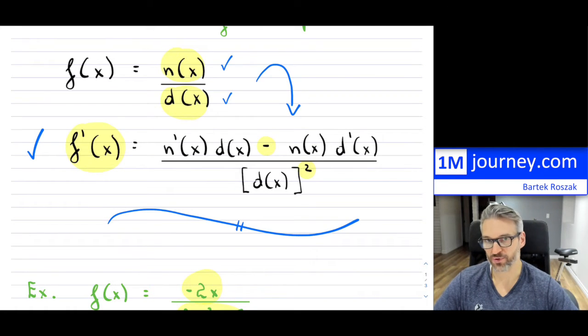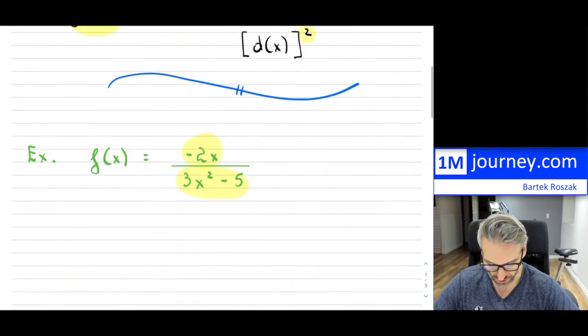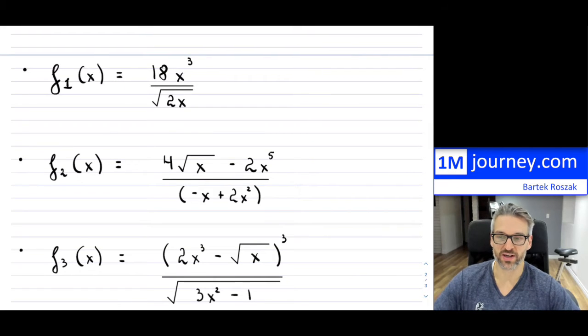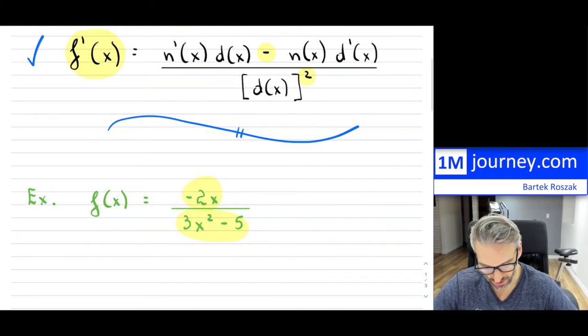The examples will start a little bit easier, like this one, and then I have several examples which slowly are going to get a little bit trickier, especially function number 2 and function number 3, which are going to be a little bit of work for us.